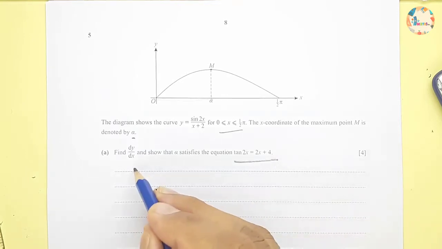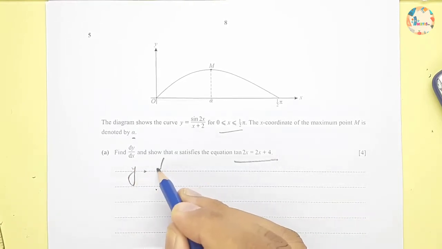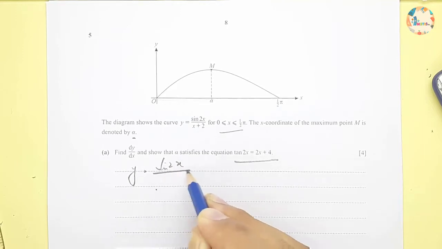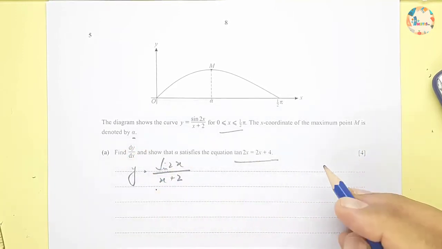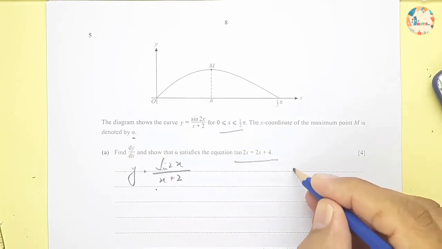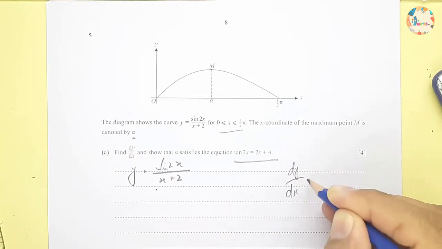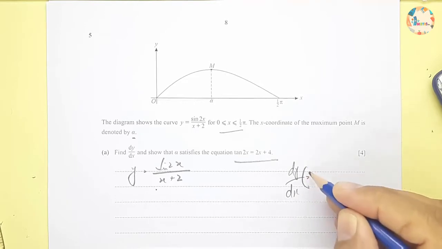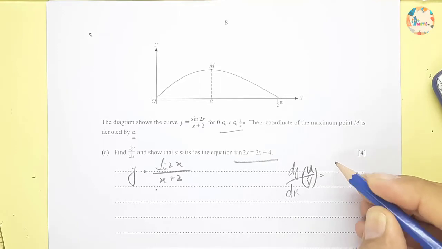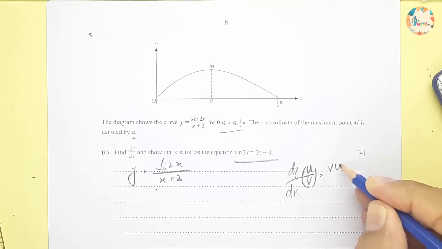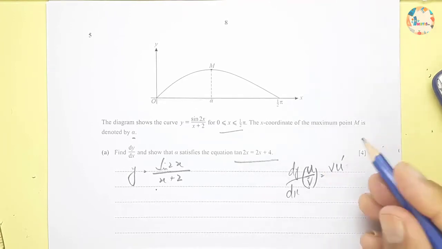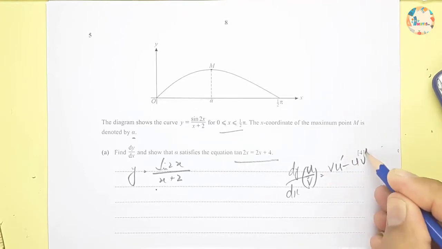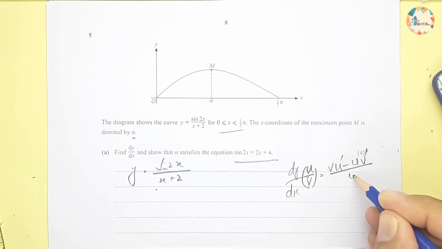So this is given, y is equal to sin 2x over (x plus 2), and we will be finding the derivative dy by dx. We know that in the case of u over v format, the derivative will be (v u dash minus u v dash) over v squared.